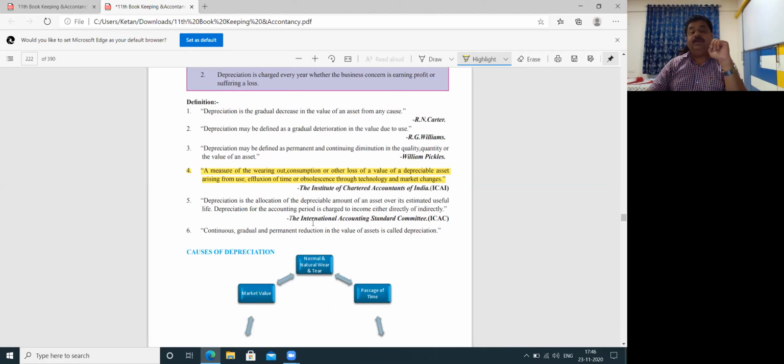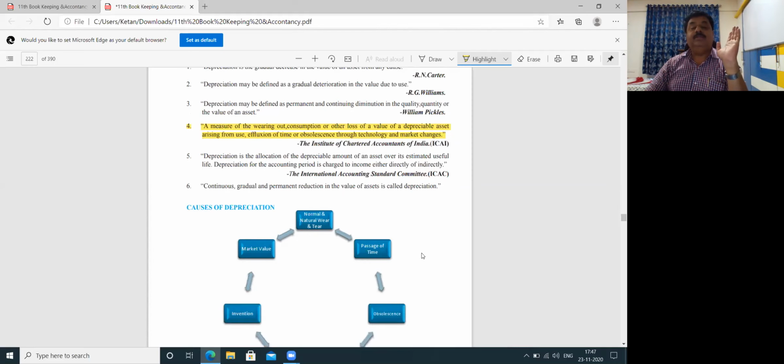So it is to be debited to profit and loss account. You will learn this later, because we show it as a loss. Whenever we are showing anything as a loss, that means we are going to reduce our profit. Then continuous, gradual and permanent reduction in the value of the asset is called depreciation.